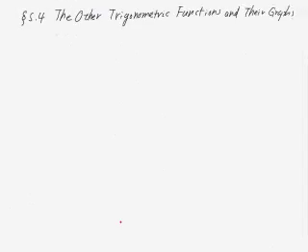So first, let's define the tangent. Tangent alpha is defined as the ratio of the y and x. So it's y over x. Here, suppose x is not equal to 0. If x is equal to 0, then tangent alpha is not well defined.